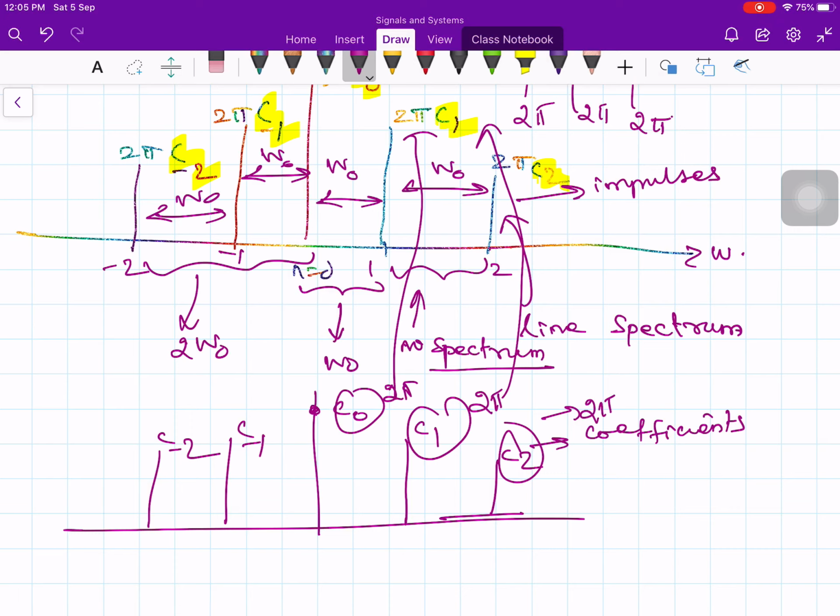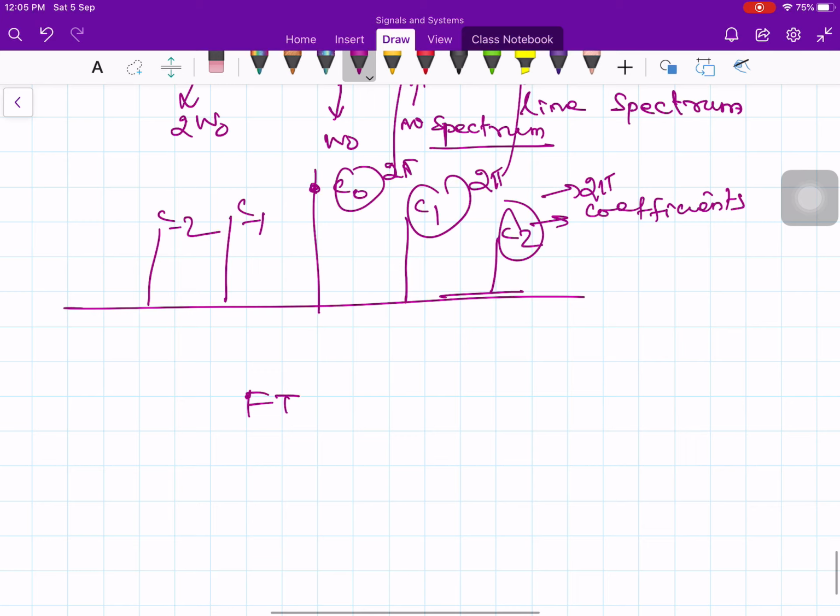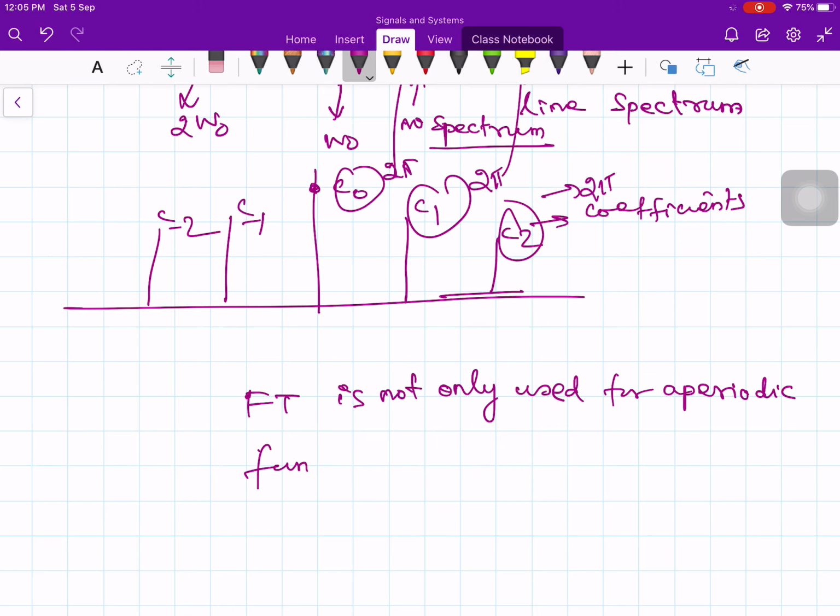So we have seen that the Fourier integral gives a more generalized concept of finding the various harmonic components of a function of time. It can be used not only for a periodic function, but also for an aperiodic function.